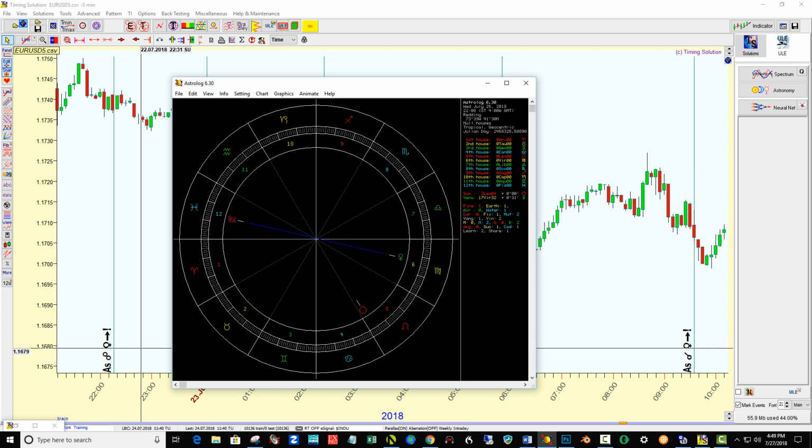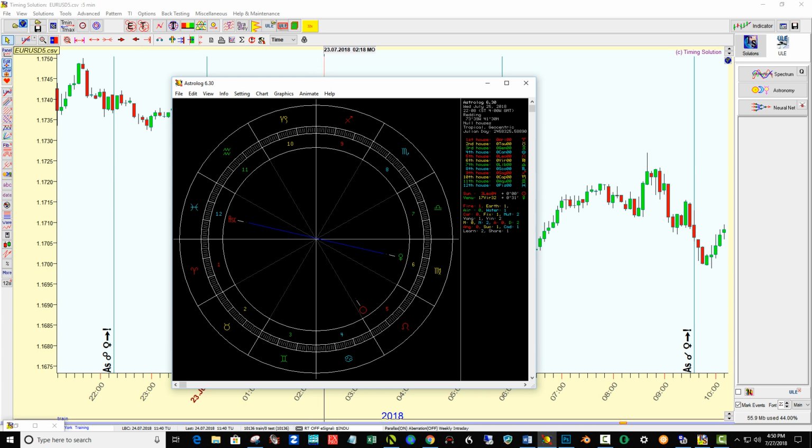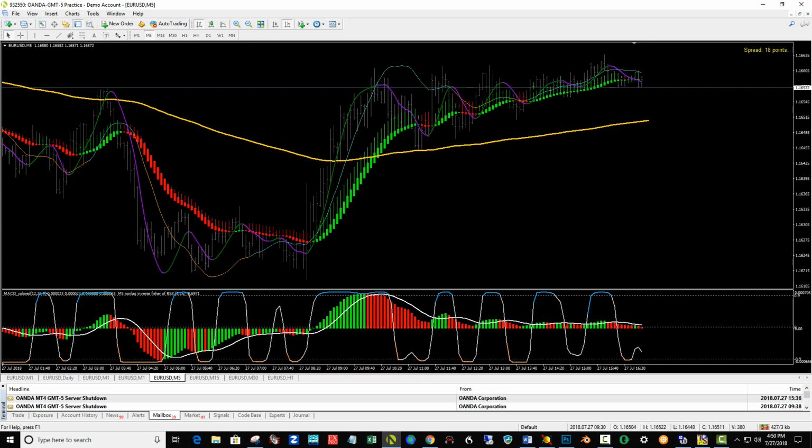So at 22:08, Wednesday, July 25th, we've got an opposition here with Venus. And then you go ahead and get out your MT4 chart and grab your vertical line and start marking out these points when you want to start getting into the trade.